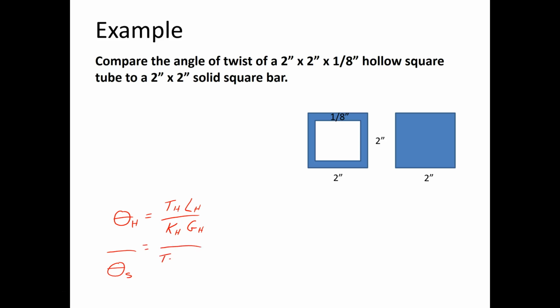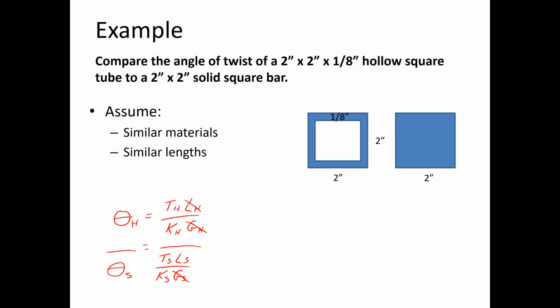So the torque of the solid times the length of the solid divided by the K of the solid and the shear modulus of the solid. But we're going to need to make some assumptions. The first assumption is that we're going to have similar materials so that the shear modulus of both sections are going to be equal and cancel one another.